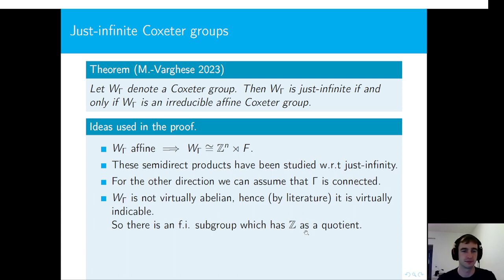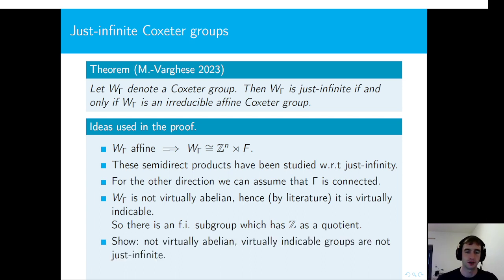Okay, and at first this might seem unrelated, but Z is an infinite group, and we now find a finite index subgroup which has Z as a quotient. So maybe if we can be very clever, we can find an infinite index normal subgroup. And this is what you do. So what you show is a non-virtually abelian, virtually indicable group is not just infinite.